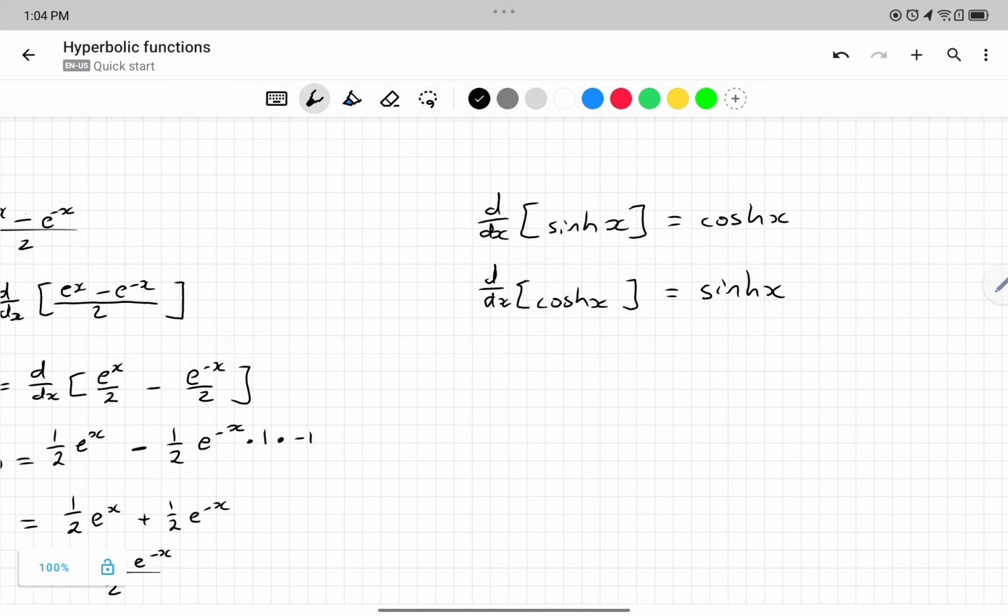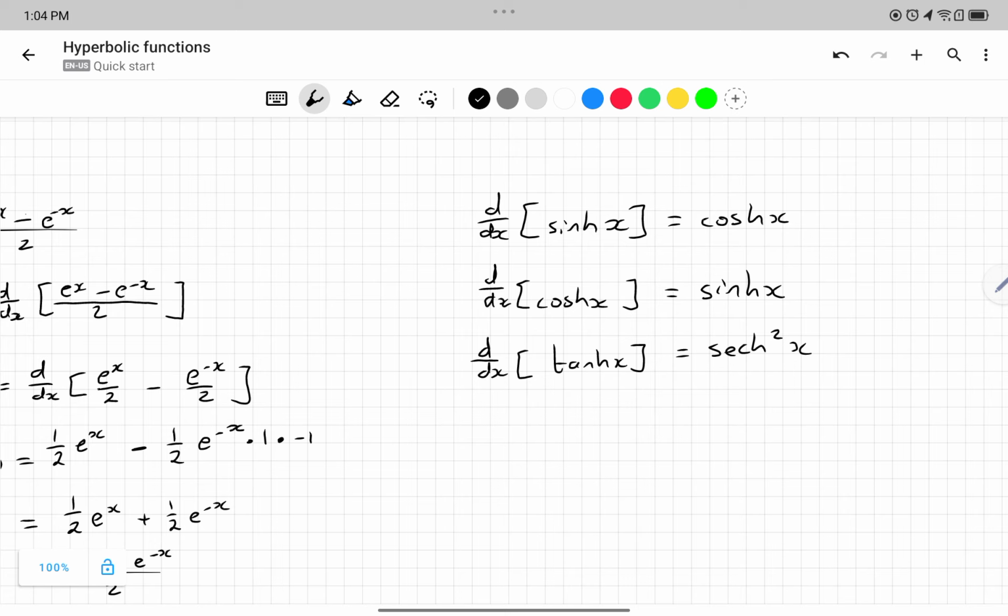Right? And then the derivative of hyperbolic tan x, this one, is equal to hyperbolic secant squared x.